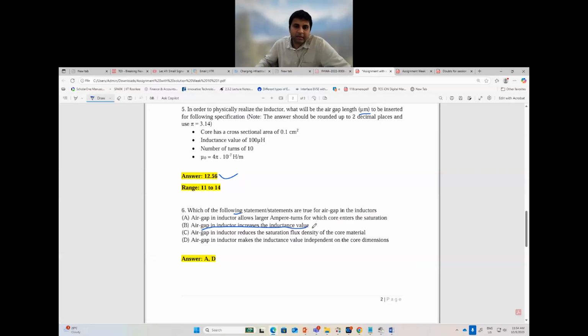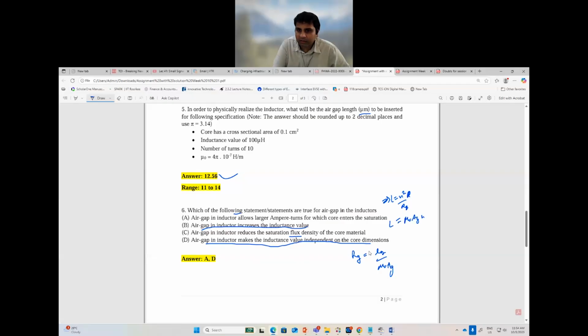And then the fourth point: the air gap in the inductor makes the inductance value independent of the core dimension. The answer is correct. Why? Because our reluctance will be nothing but Lg by mu naught Ag, and that implies my inductance is n square by Rg, which is nothing but L = mu naught Ag n square by Lg.